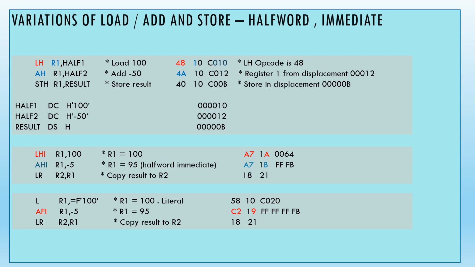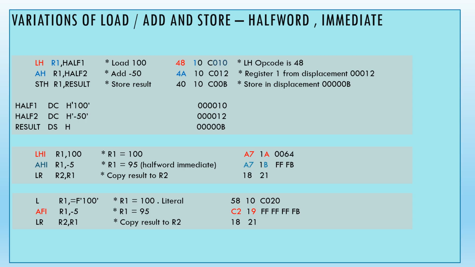When I said it is a half value I am adding, that means -5 is considered as a half word, so the system is storing only 2 bytes, FF and FB. Same -5, when you are saying it is a full word, it is put into 4 bytes: FF, FF, FF and FB.